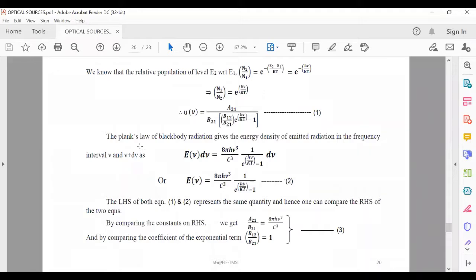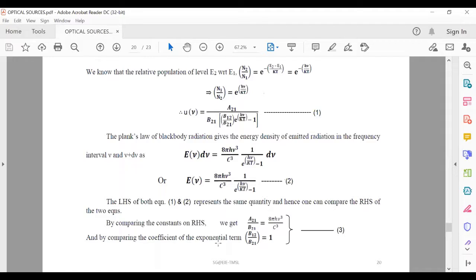And if we consider the black body radiation, the Planck's law, and compare them with this one, we get A21 by B21, which is equivalent to 8 pi h nu cube by c cube.